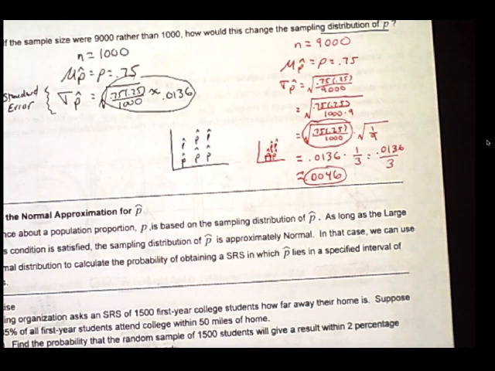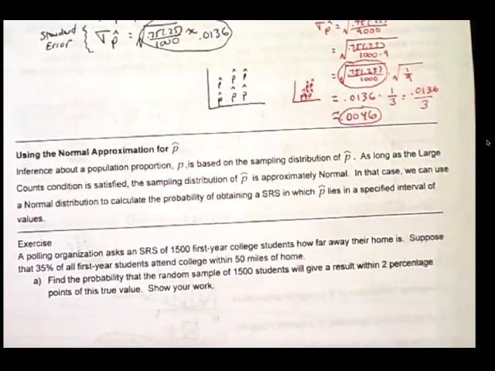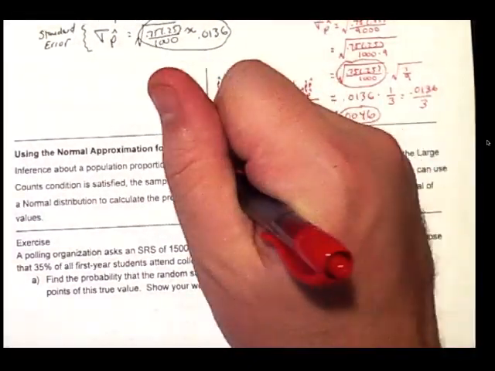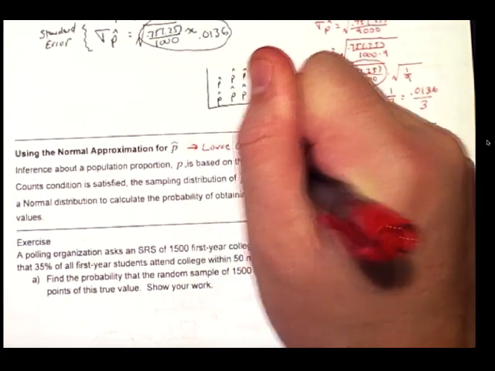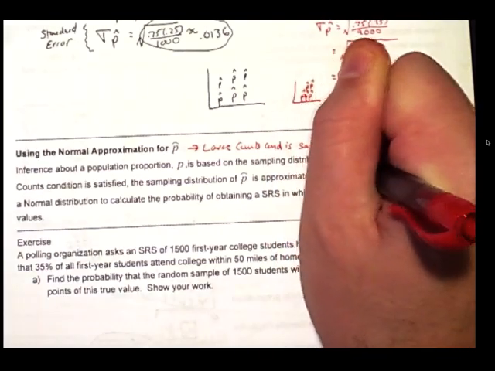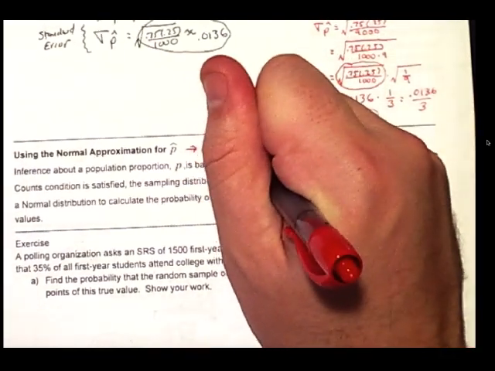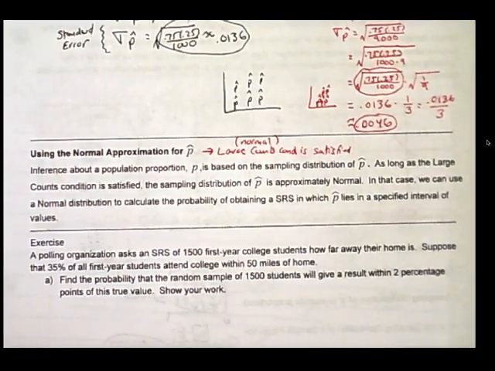We're almost done with section 7.2. There's one more part. It says using the normal approximation for p hat. We can use the normal approximation as long as the large counts condition is satisfied. Again, that large counts condition is sometimes referred to as the normal condition for proportions.